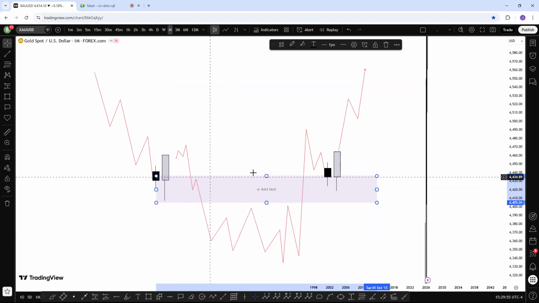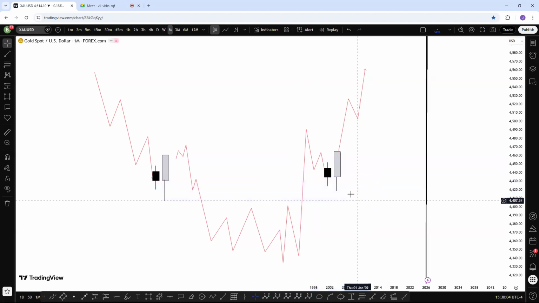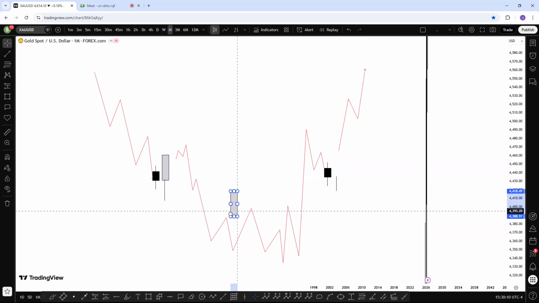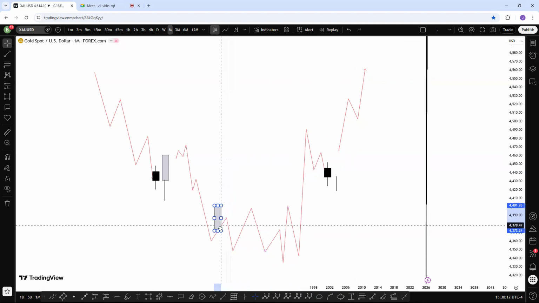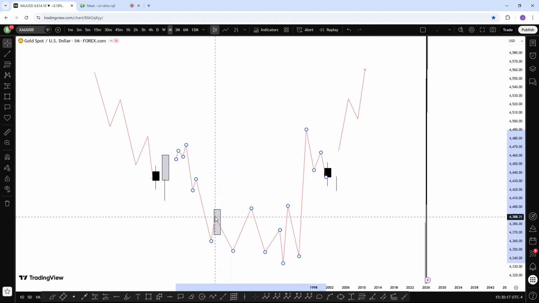For example, I'm going to use this candle. Assume the price is here. This is your bullish candle.